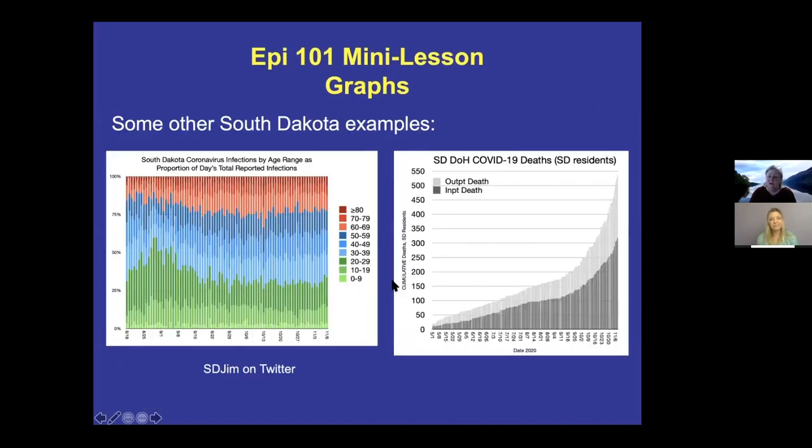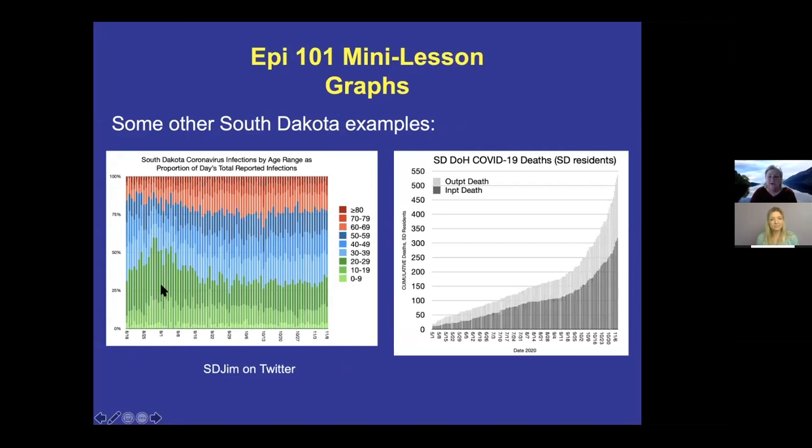Now, there are other types of graphs, and I just picked 2 that I really like that are off of SD Jim's Twitter account. He's a retired physician out in Rapid City. And this one on the left, I particularly like. This is day across the axis here, and this is percent.